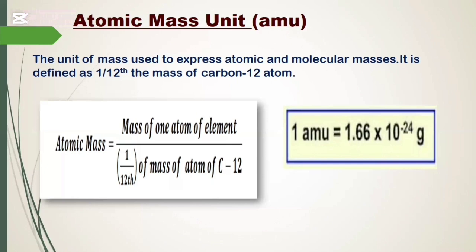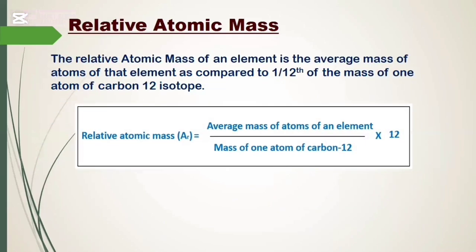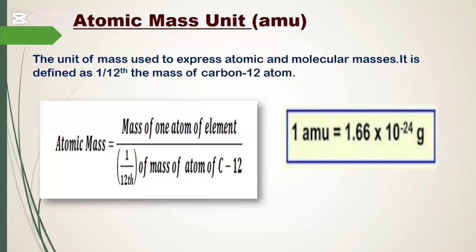In the definition you can see that for the atomic mass unit, it is 1/12 the mass of a carbon-12 atom. Same as that, here also we compared it to 1/12 the mass of one atom of the carbon-12 isotope. So in both cases we use the same standard. That's why we got the same numerical value.